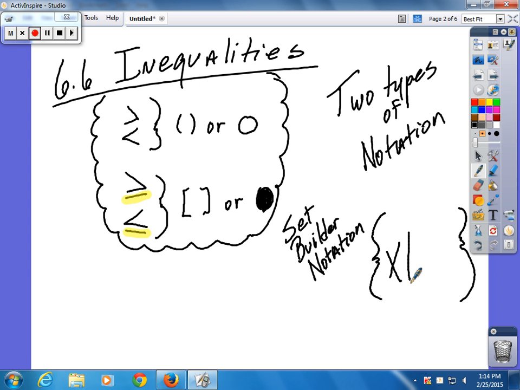X such that, and then write your answer. X is greater than or equal to 4/5. That's it. This X means that anywhere in this set where X is a variable, X can be greater than or equal to a quantity of 4/5. That's what it means. Hold your pinky up.